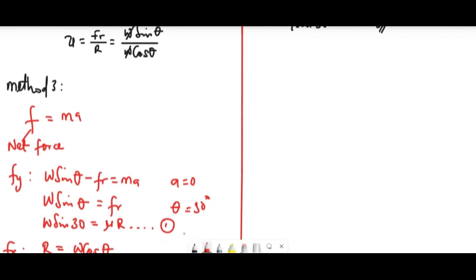Why am I considering two equations for mu? Because I know that mu is a result of Fr over R, so it's a result of two components. Here your Fr is falling on this axis, and your R is falling on this axis. So it combines the two axes. Does that make sense? In other words, mu is a result of the two axes on the plane. If that's done, can I quickly compound this?